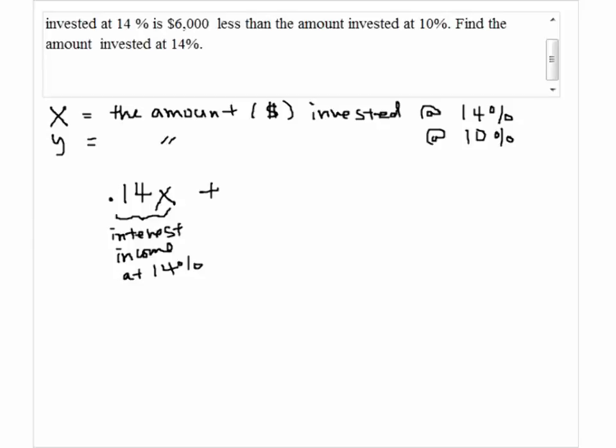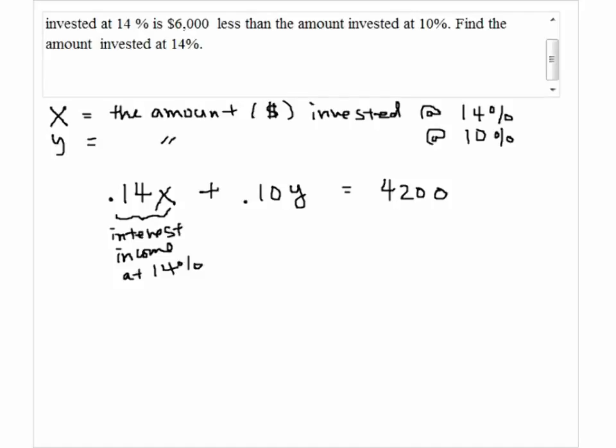We add that to the interest income at 10%, which is given by 0.10 times Y. And the total interest income is $4,200. So here's our first equation.